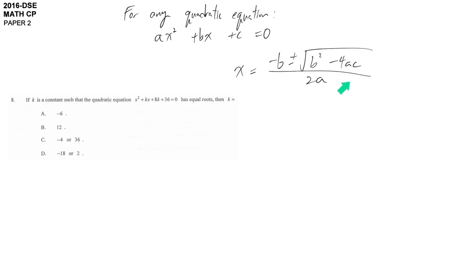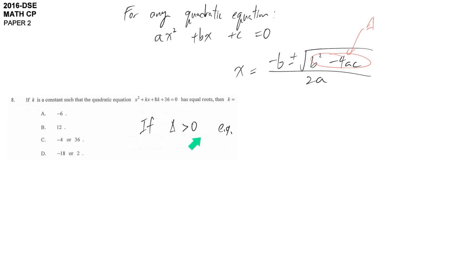Whether this result is a real number or non-real number is based on this part, what is inside the square root. So that's why we give a name for this part. It's called delta. We consider it an indicator to show whether we have real roots or not.